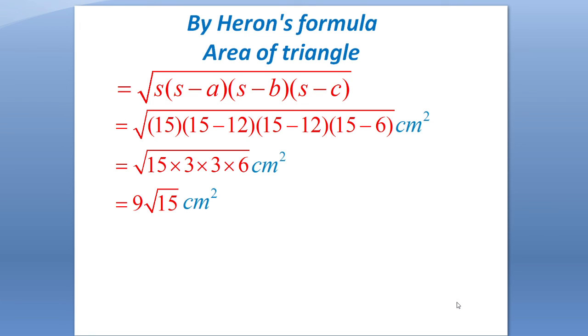It is equal to under root S into S minus A into S minus B into S minus C, which is root of 15 into 15 minus 12 into 15 minus 12 into 15 minus 6. So it is under root 15 into 3 into 3 into 6. Simplified, we get 9 root 15 centimeter square as the area of the said triangle.